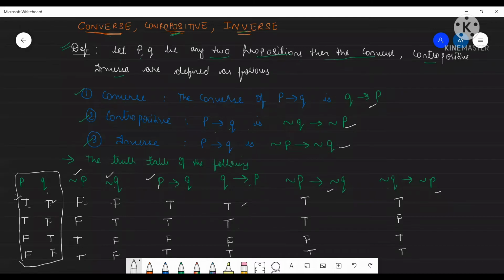The inverse is different, but the contrapositive is the same as P implies Q, and the converse and inverse have the same values. Shall we move on to the next problem?